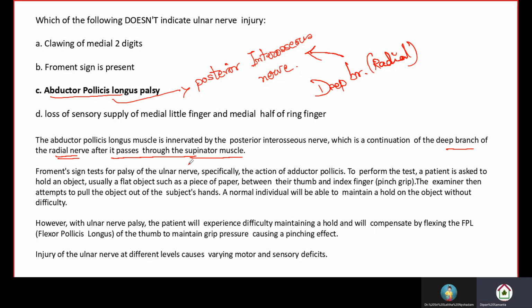With ulnar nerve palsy, the patient will have difficulty maintaining a hold, and will compensate by flexing the flexor pollicis longus of the thumb to maintain grip pressure, causing a pinching effect. Injury to the ulnar nerve at different levels causes varying motor and sensory deficits.